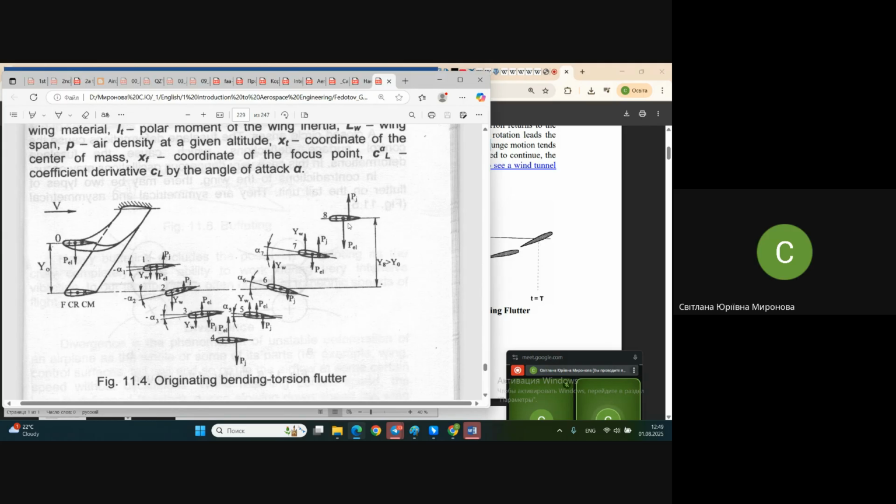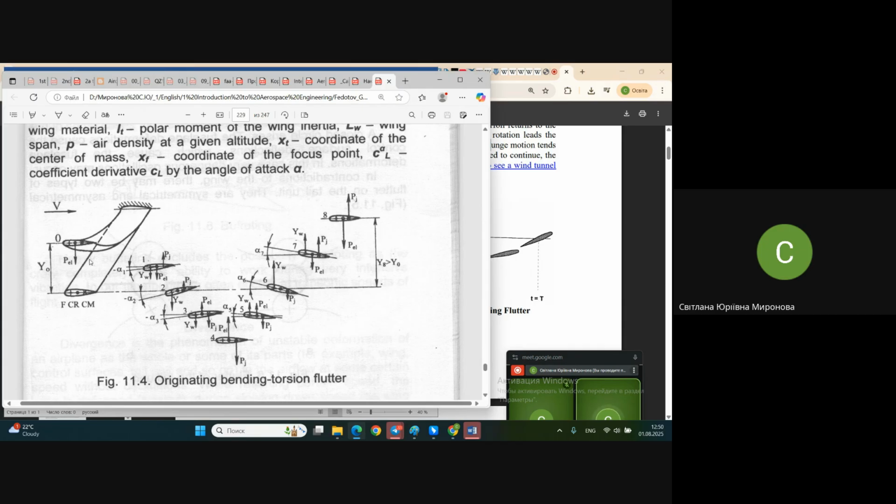What does this additional lift do? It's increasing the lift, but the pilot didn't mean to increase the angle of attack of the airplane. Yes, angle of attack is the same, but the wing is not stiff enough. The wing is fixed here, clamped at the fuselage, inside the fuselage or in the center wing.